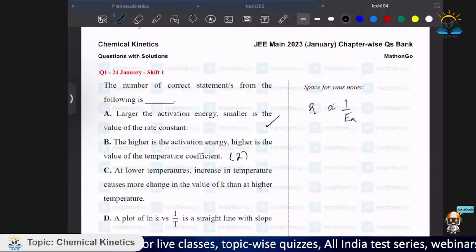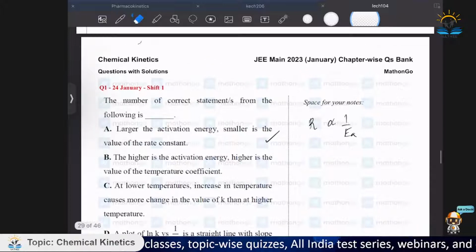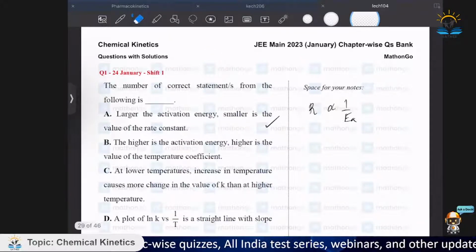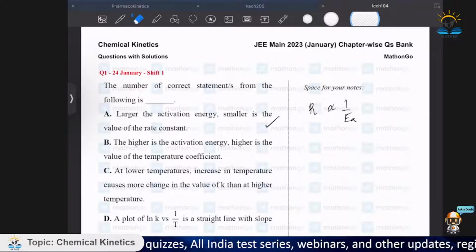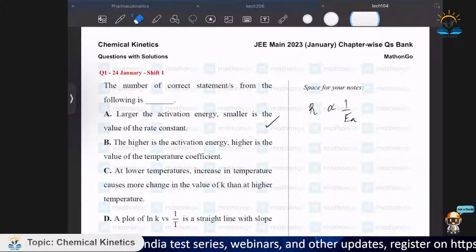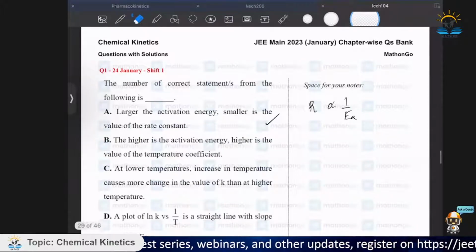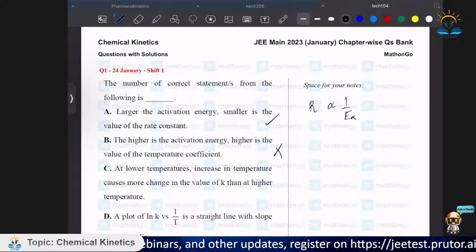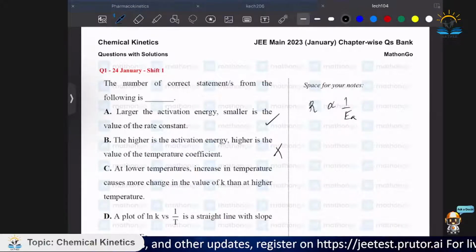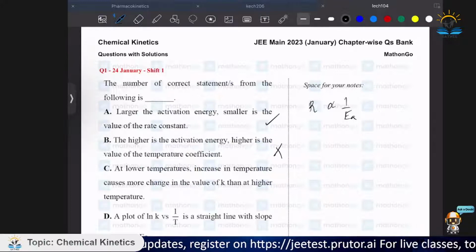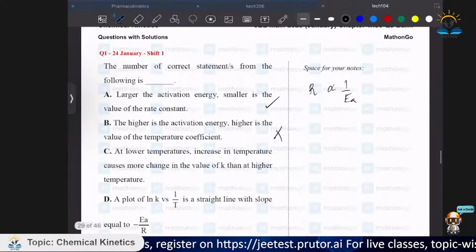But higher the activation energy, the temperature coefficient should be lower, because for a 10-degree rise of temperature it will be insignificant. Activation energy is so high that changing the temperature just by 10 degrees won't do much of an increase. So temperature coefficient should not be high, but lower.